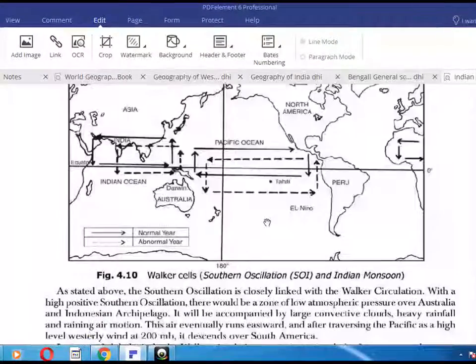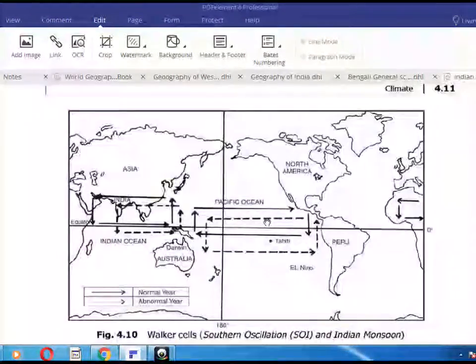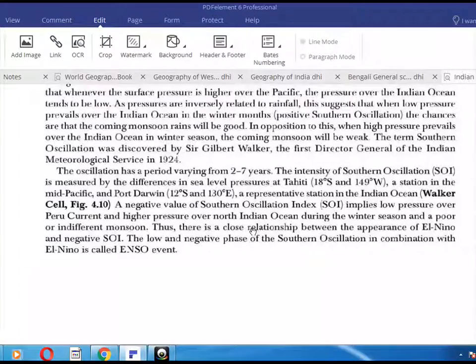This was studied and discussed in detail last year, and I think this time it is clearly discussed. Here the Walker circulation is the important cell. The intensity of the Southern Oscillation is measured by the difference in sea level pressure at the Tahiti station in the mid Pacific, and the station of the Indian Ocean.